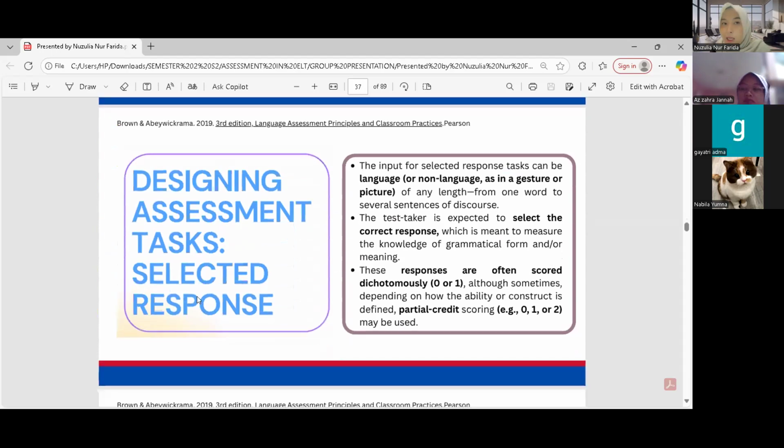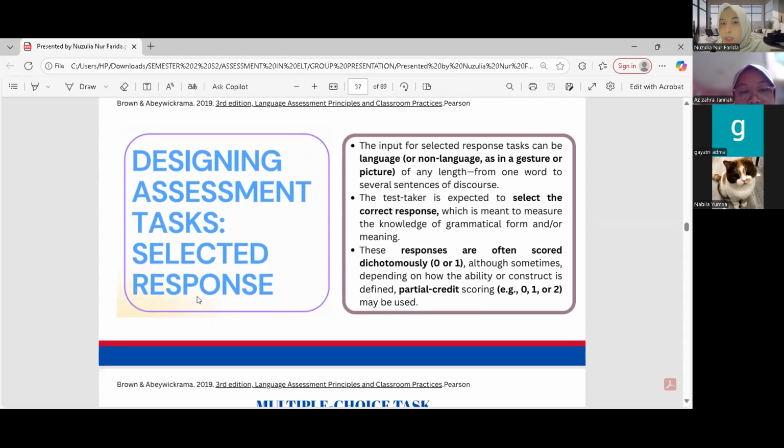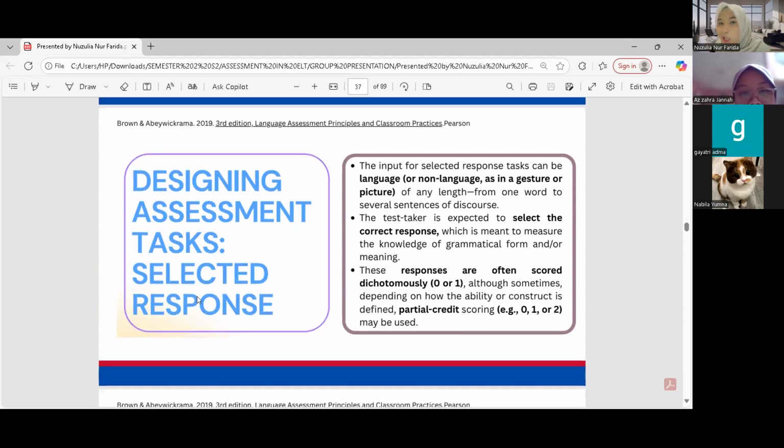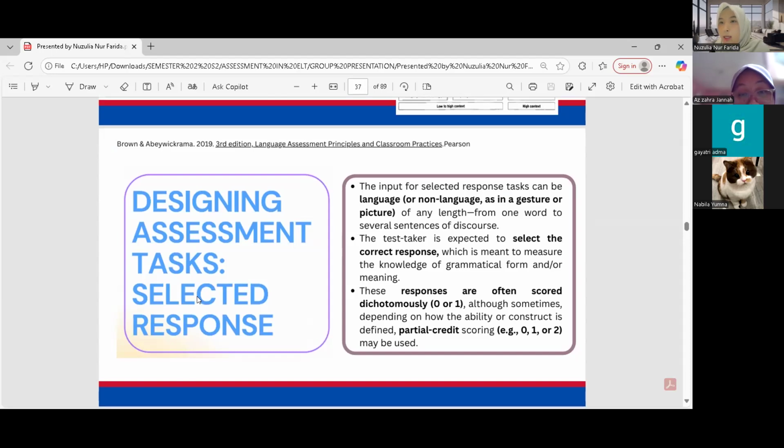And for designing assessment tasks, the first is selected response. So selected response is like multiple choice.